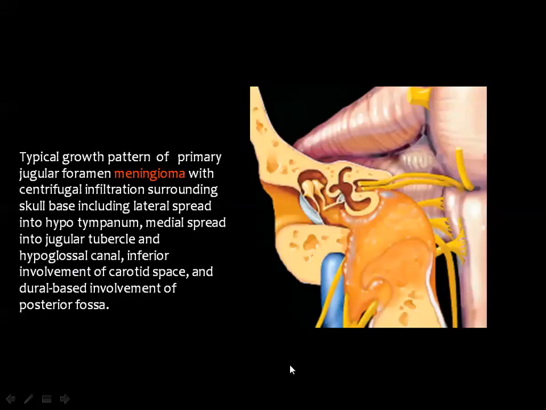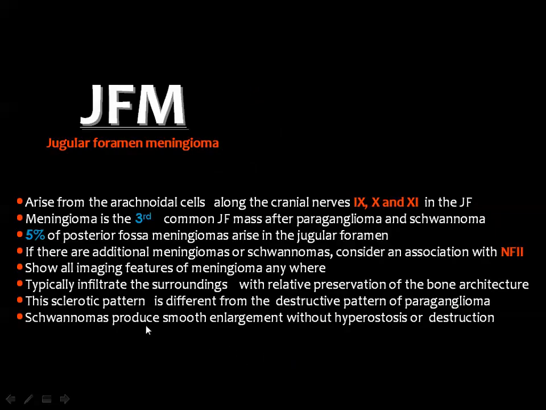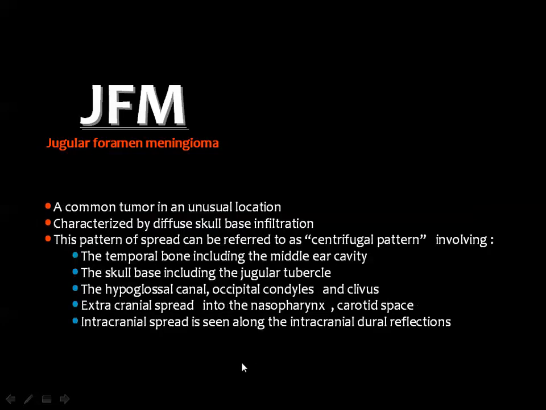But you know that meningiomas have the tendency to produce hyperostosis or sclerotic reaction of the adjacent bones. Then meningioma also is known in the jugular fossa, in the jugular foramen, and it carries its name, the jugular foramen meningioma.